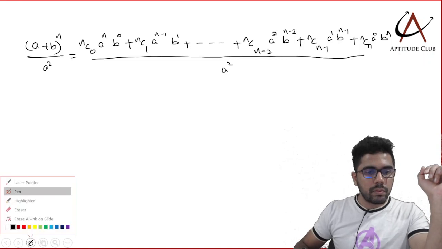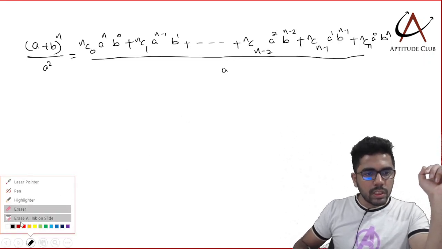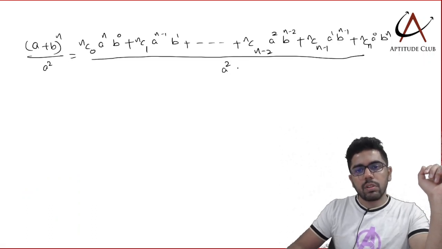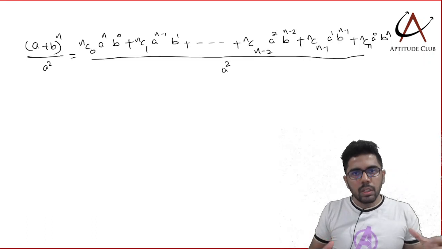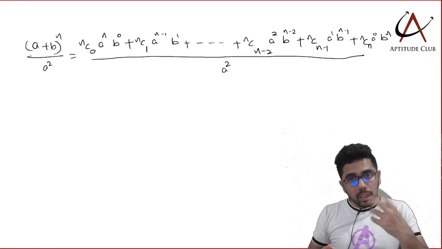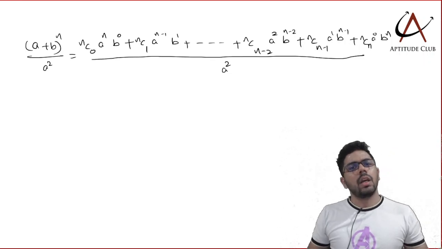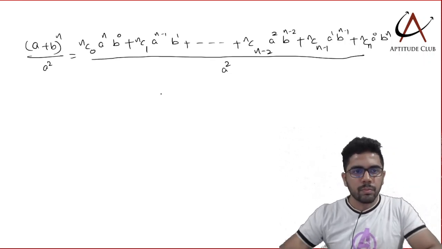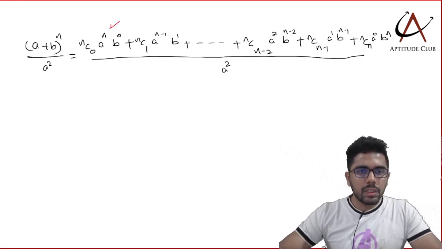अगर a square से अब divide कर रहा हूँ तो फिर क्या आएगा? I'm not saying these questions are necessarily like have to be solved using binomial, but once you know कि क्या क्या players हैं इस field में, then you can decide depending on the question what to use and what not to use, which will be the shortest thing to use in this case, and then accordingly will solve. तो अगर a square से divide हो रहा है, now देखो यहाँ पे क्या आ रहा है, every term is divisible by a square.